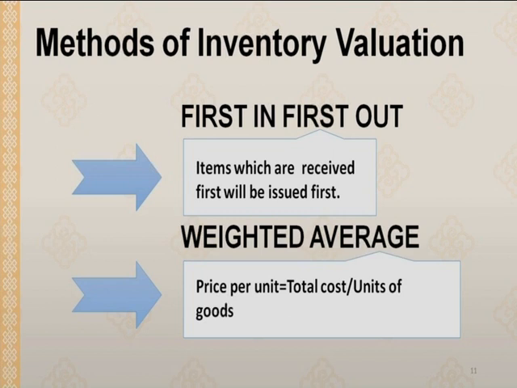The second is weighted average. Under the weighted average method, the rate of issue is calculated using the formula: total cost divided by units of goods, or the amount divided by units available. That is what we call the methods of inventory valuation.